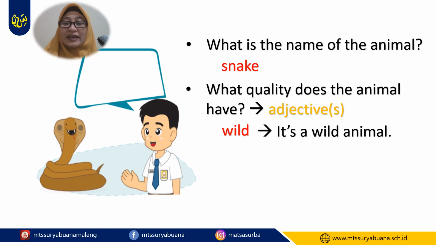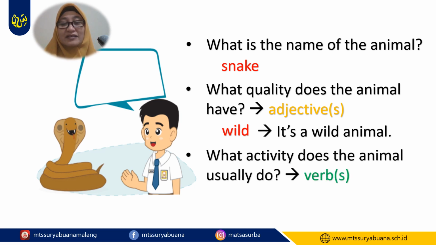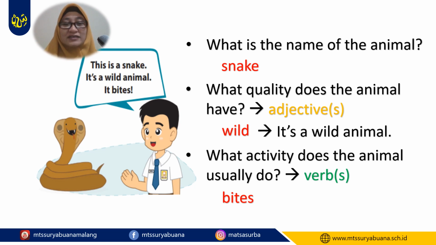It's a wild animal. And the next question, what activity does the animal usually do? This one, we use verbs, right? It bites. So we can say that this is a snake. It's a wild animal. It bites.